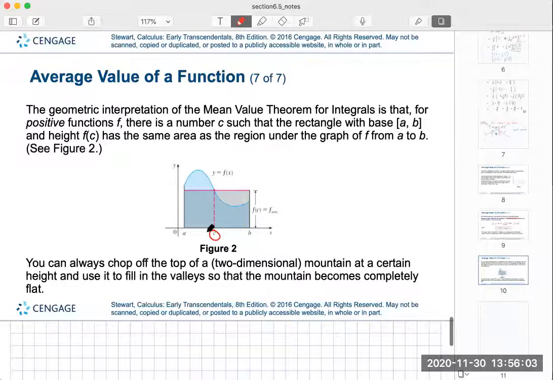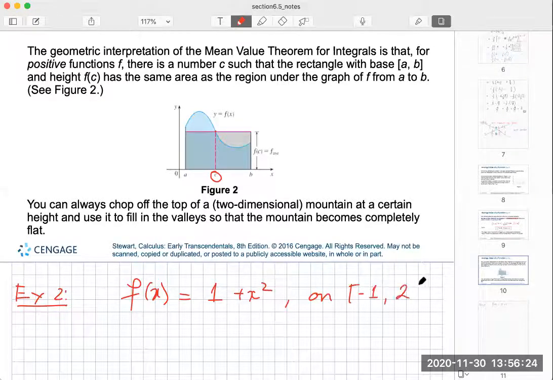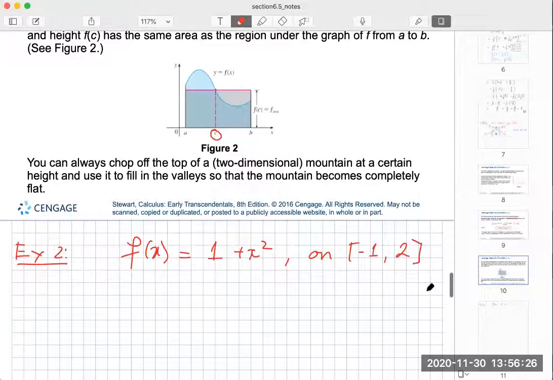Now, in the previous example, the function f of x is 1 plus x squared on the interval from -1 to 2 here, right?